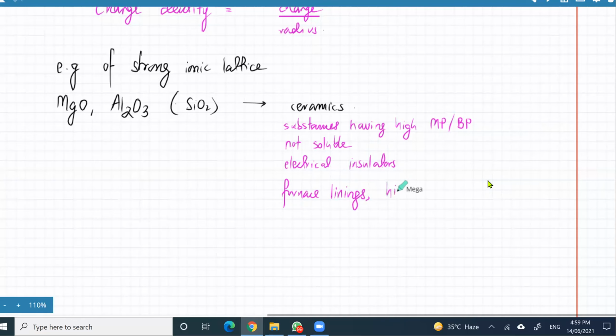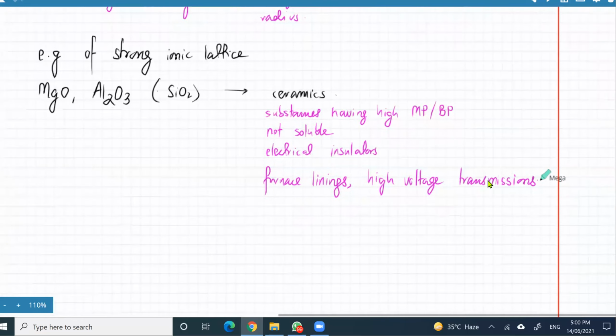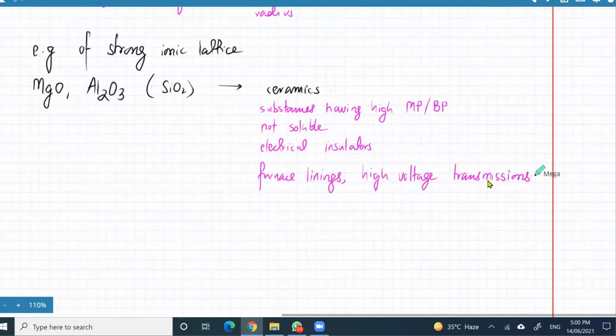You use them for high voltage transmission because you want insulators. You want some substance that could resist high voltages, because when you have high voltages, electrons get ripped out of atoms and molecules.